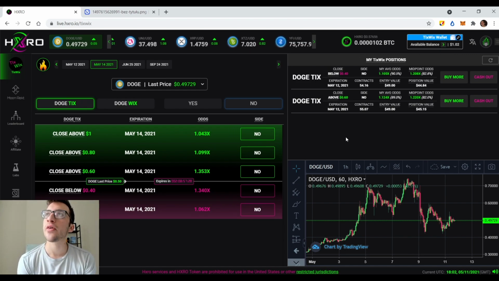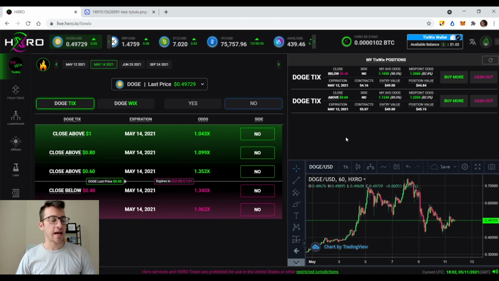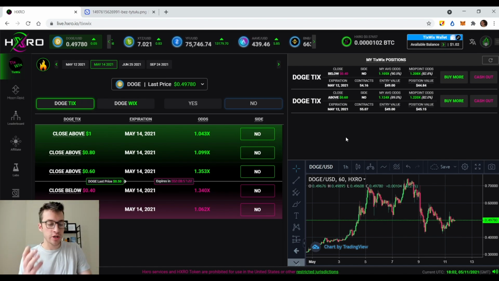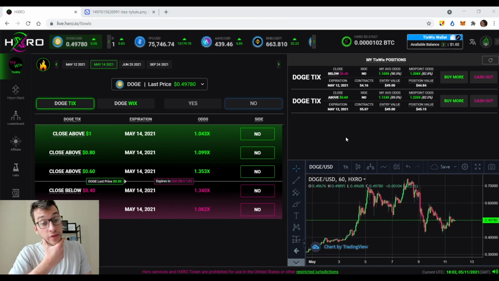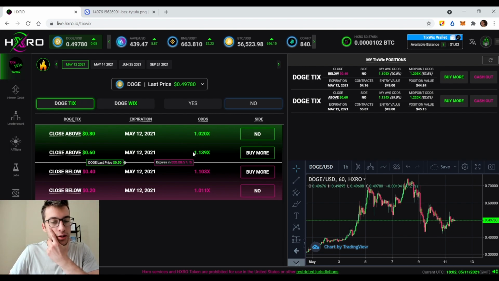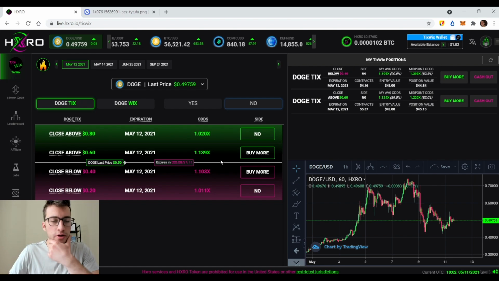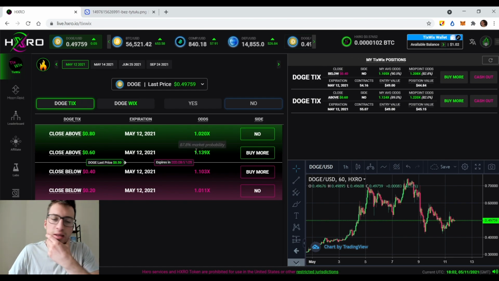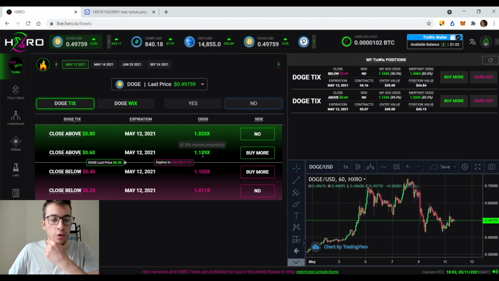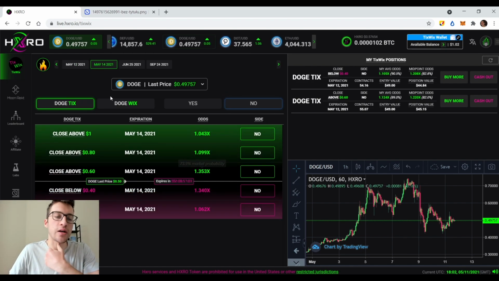Well, let's say that we do this with $1,000 worth of Doge. We buy 1K USD worth of Doge at a price of 50 cents. What we then do, for example, is we put $100 into this contract right here, and we put $100 into this contract right here.